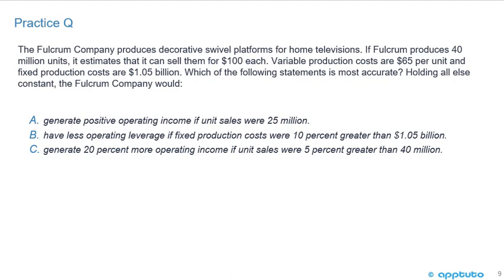Holding all else constant, the Fulcrum Company would A, generate positive operating income if unit sales were 25 million. B, have less operating leverage if fixed production costs were 10% greater than 1.05 billion. Or C, generate 20% more operating income if unit sales were 5% greater than 40 million.